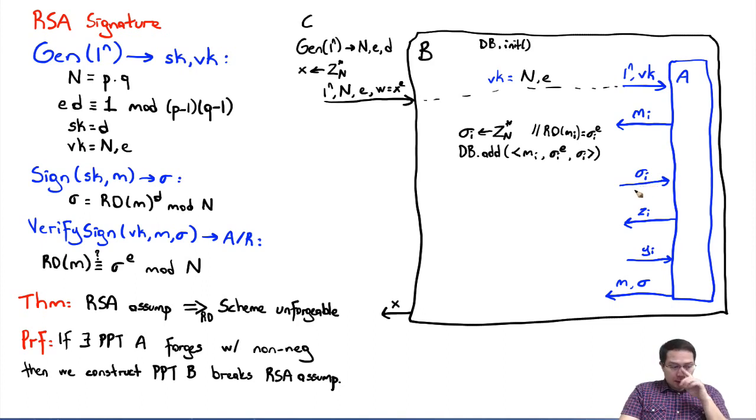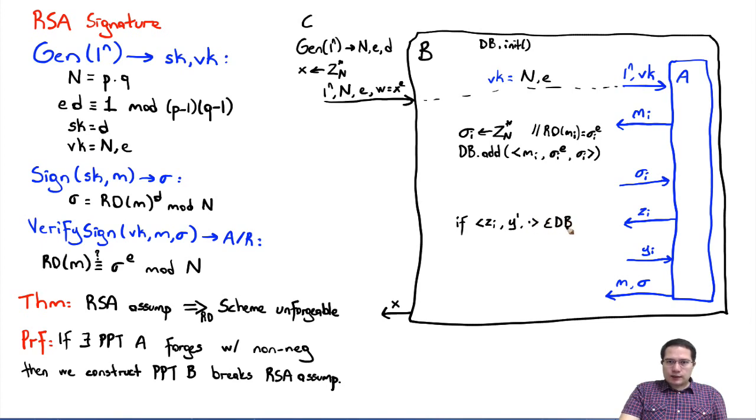Now, let's continue our reasoning. We will fix some of these issues here. So let's say that a query Zi to the random oracle is made. Now, if this Zi is already in the database with some, let's say, Y prime, and whatever is here, I don't care.